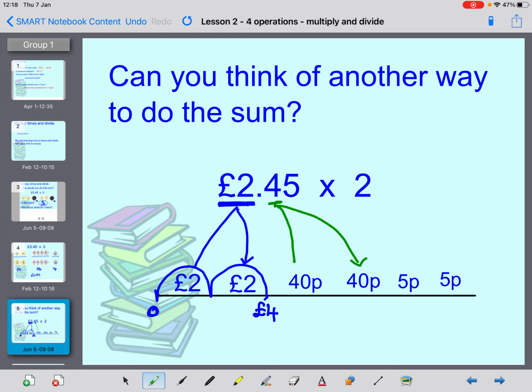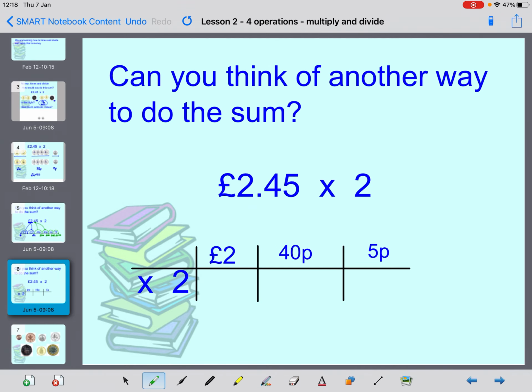It needs to be written out twice. So £4 add 40, £4.40, add another 40, £4.80, add 5p, £4.85, and add another 5p, £4.90 again. Okay.